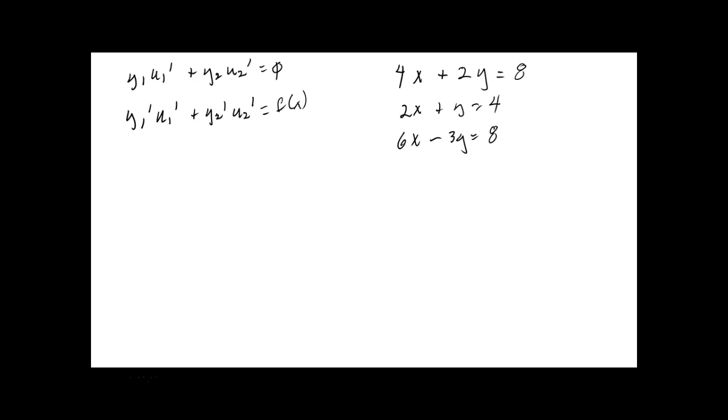Now, we know how to solve this using elimination by addition, right? We could just multiply this equation by 3, and that would give us 6x plus 3y is equal to 12.